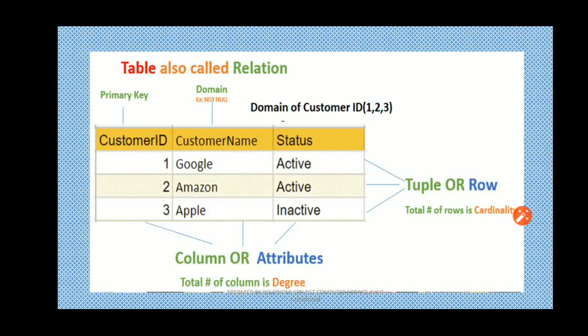Key is the combination of one or more attributes that can uniquely identify a tuple. That means if we say that in a particular table, like in this table, customer ID is the key, then for each different row, the value of customer ID has to be different, because it cannot be same for more than one tuple, because it is identifying different tuples here.